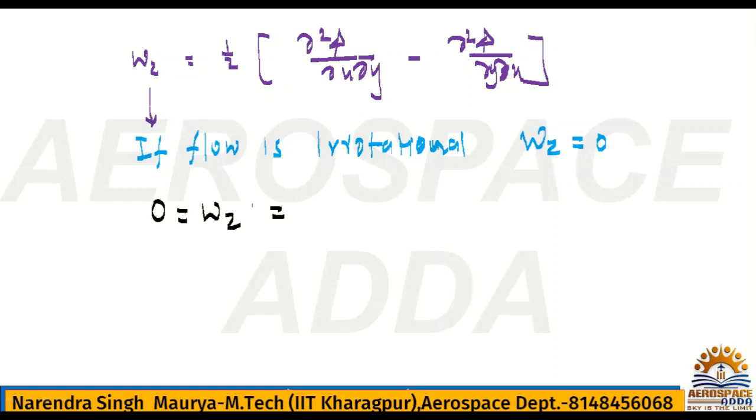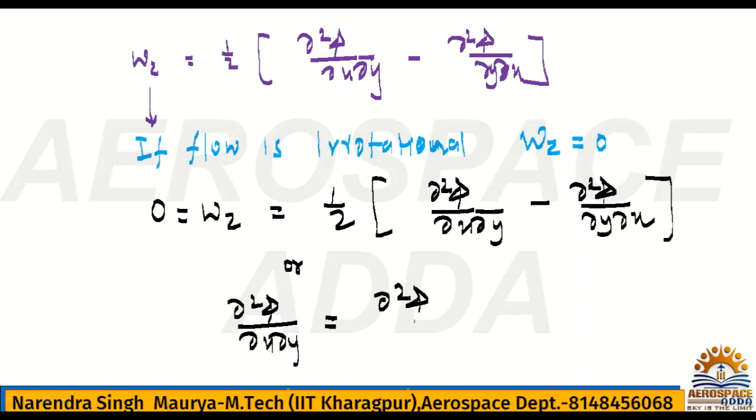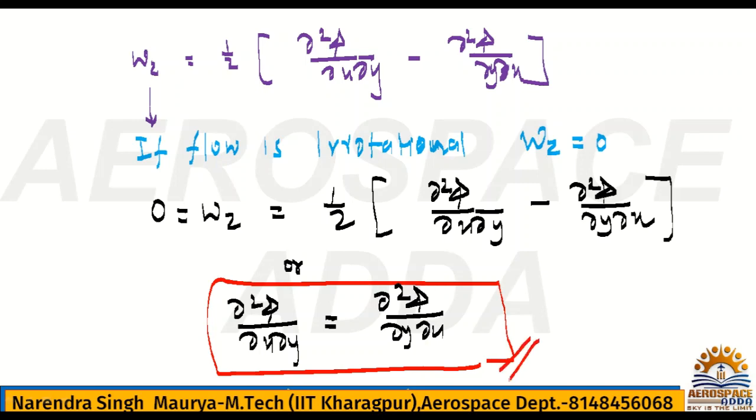Omega z, which is nothing but 0. Very simple mathematics.